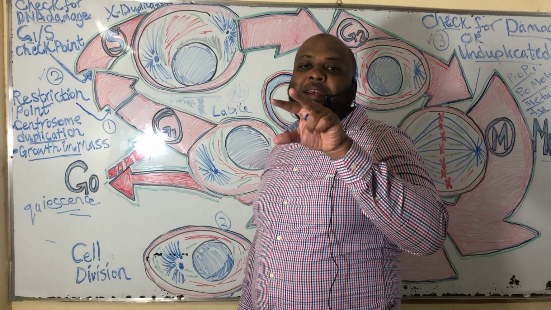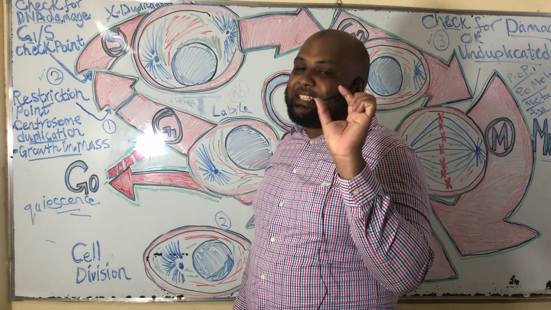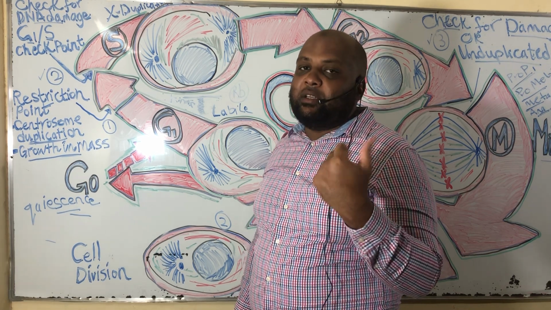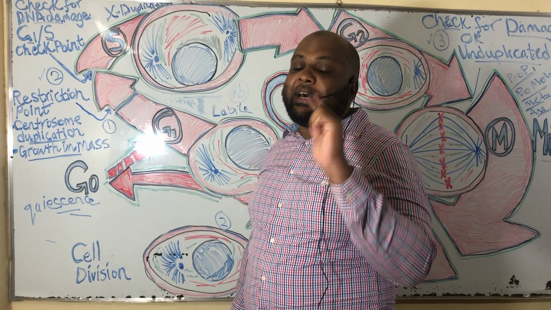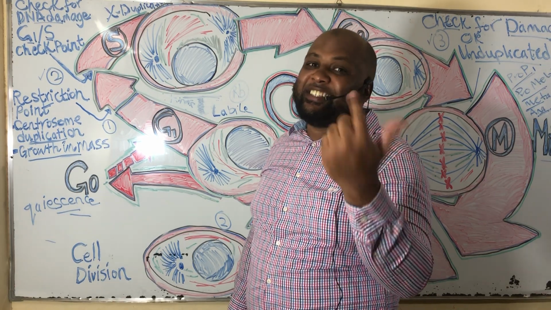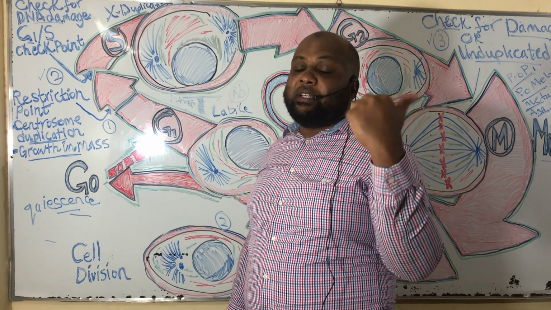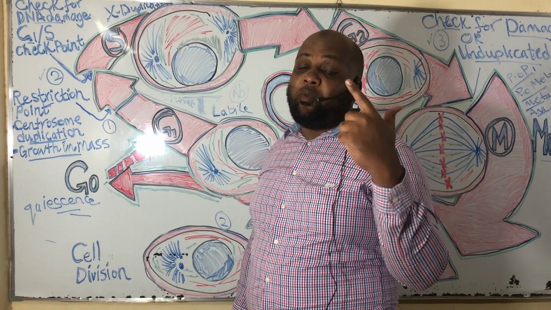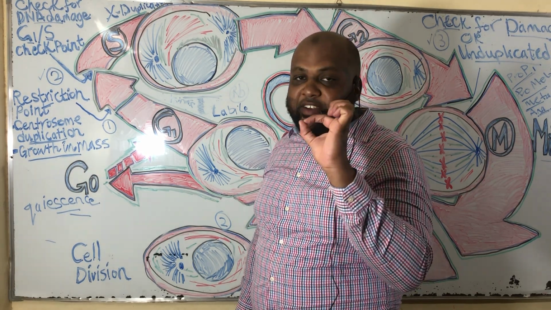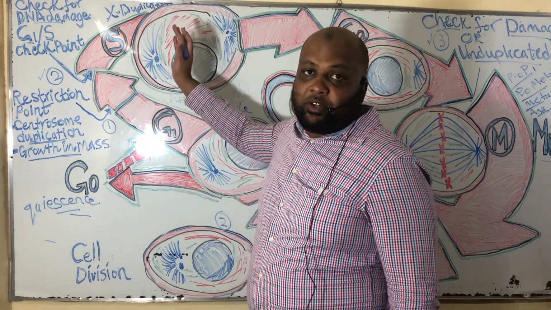Cyclin will accumulate, and when it does, that particular cyclin-dependent kinase will be activated. And once it is activated, it's a kinase after all, so it will phosphorylate something. Kinases phosphorylate something. So when the cyclin-dependent kinase is activated, it will phosphorylate the necessary protein to push the cell from one phase to the other.